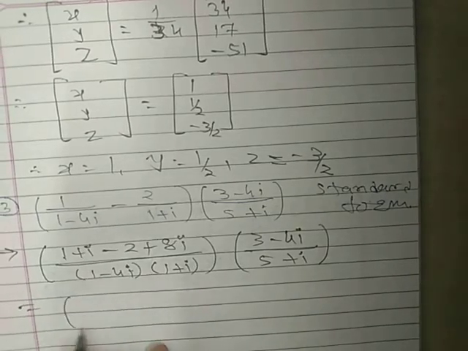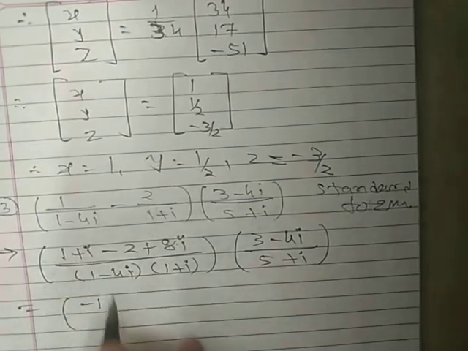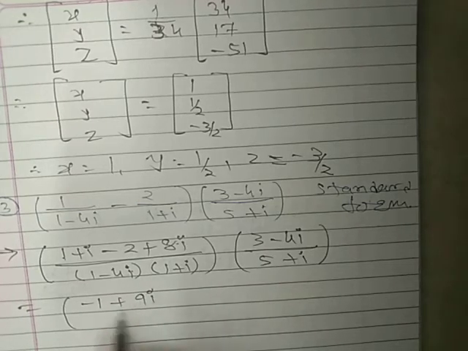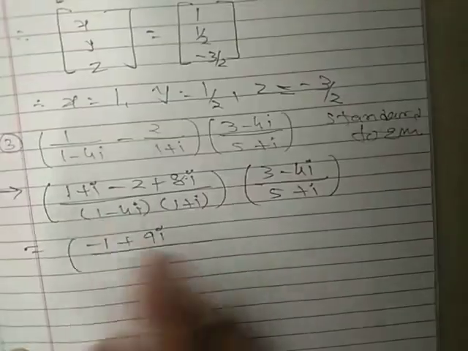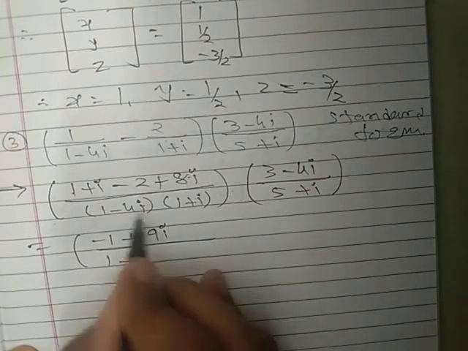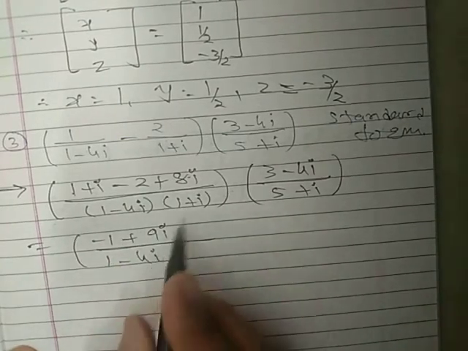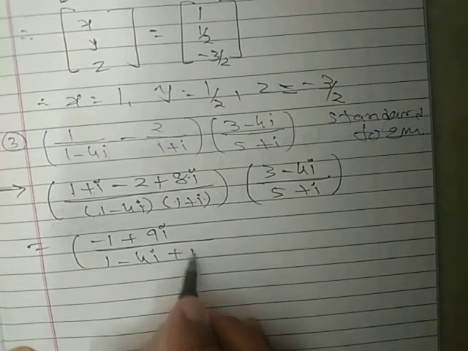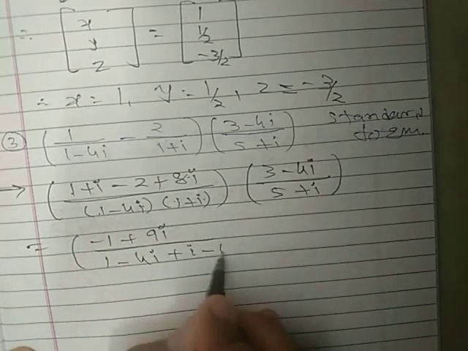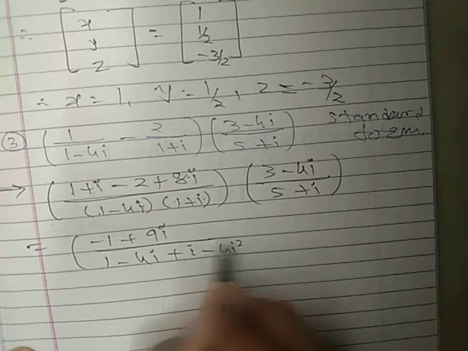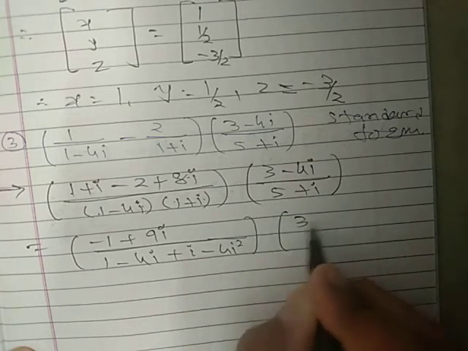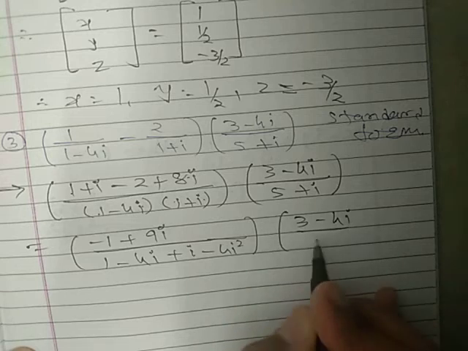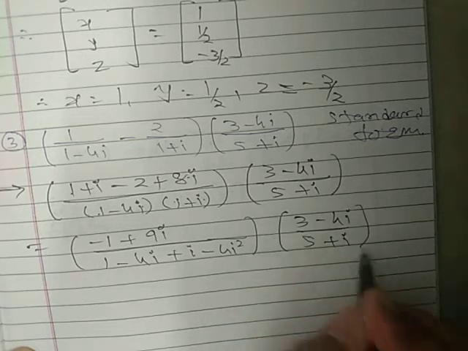Multiply: 1 minus 4i times 1 minus 4i times i, minus 4i squared, over 3 minus 4i, 5 plus i.